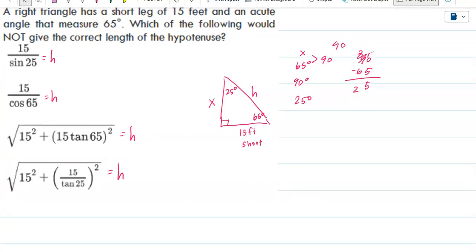The first one comes from using, you can tell by whatever is after the tangent, cotangent, or the trig functions, that they're using that angle.